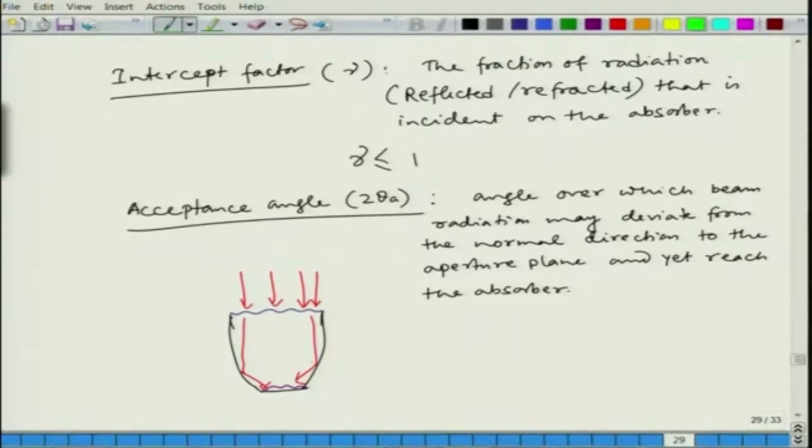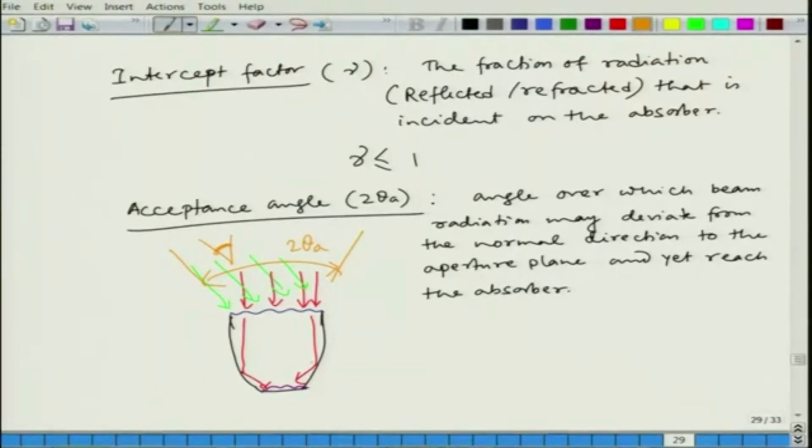If the direction of ray is like this, okay, even then a fraction of it will reach the absorber. So, the angle between the normal and the actual solar beam direction that the particular collector can accommodate, that is the acceptance angle. So, basically the acceptance angle here would be the total deviation that it can accommodate, and that will be 2 theta a, okay, and half of that will be theta a.